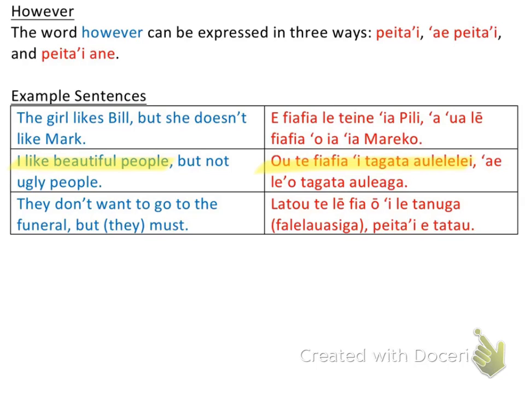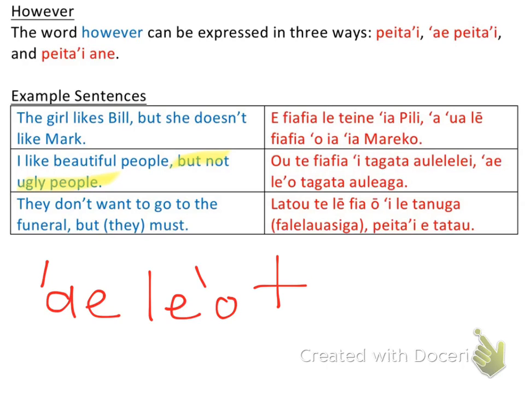Okay, and then the second portion of the sentence, the one that we're working on right now. So, but not ugly people. So again, I'm going to say I. Okay, and then not ugly people. So leo tangata.